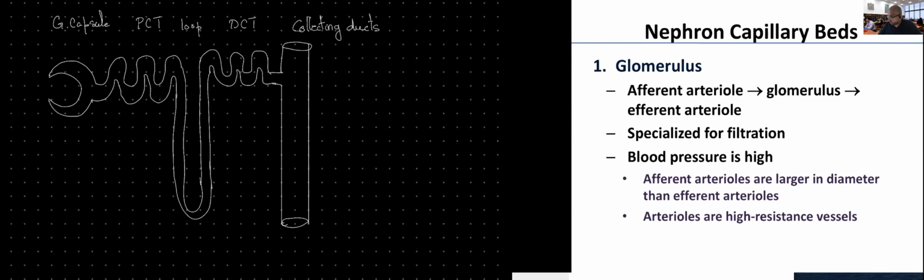If we're looking on here at the blood vessels that will share in the formation of the nephron, I've got a tuft of capillaries that will be located inside the Bowman's capsules. This is the glomerulus. And I have another tuft of capillaries surrounding the proximal and distal convoluted tubules.